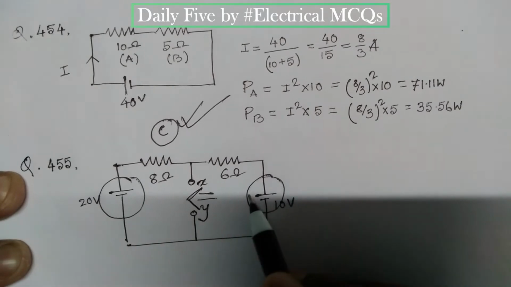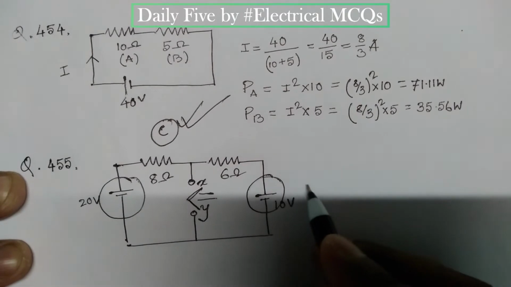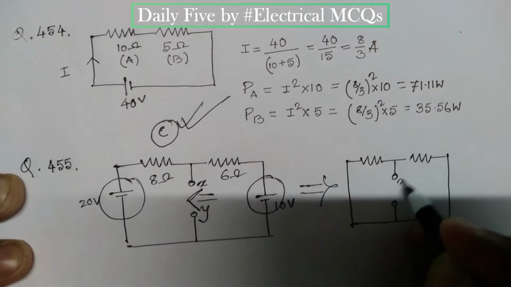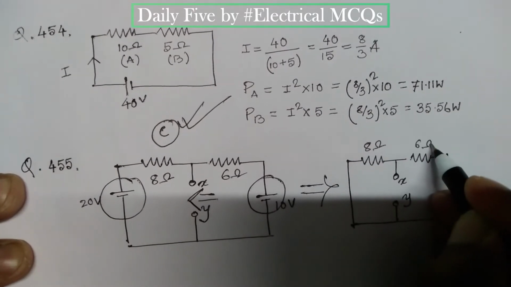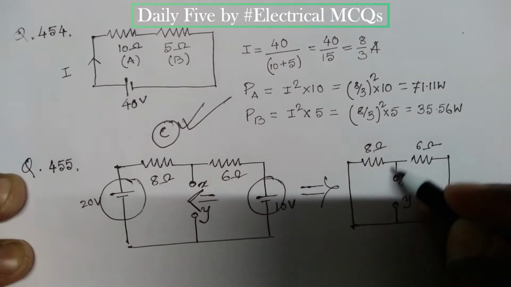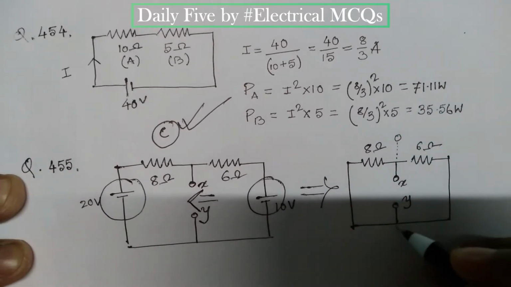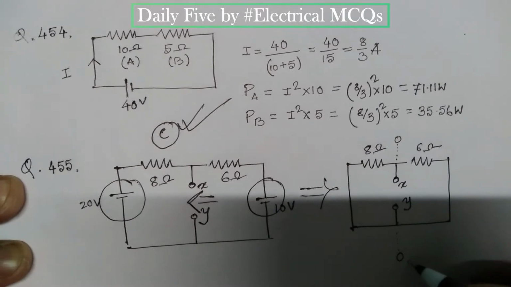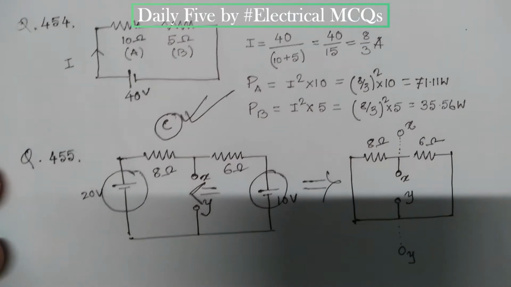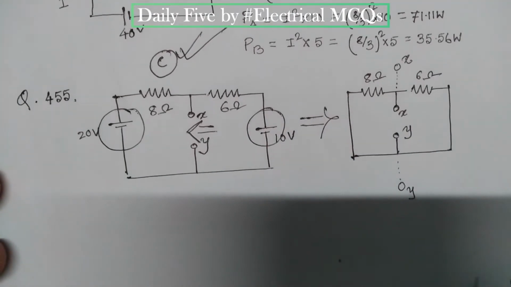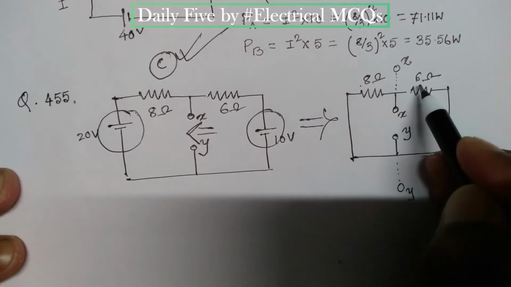So the circuit for finding the Thevenin equivalent resistance becomes, so basically we can draw these two terminals like this also. So with this, we are basically getting these 8 ohm and 6 ohm resistances in parallel.